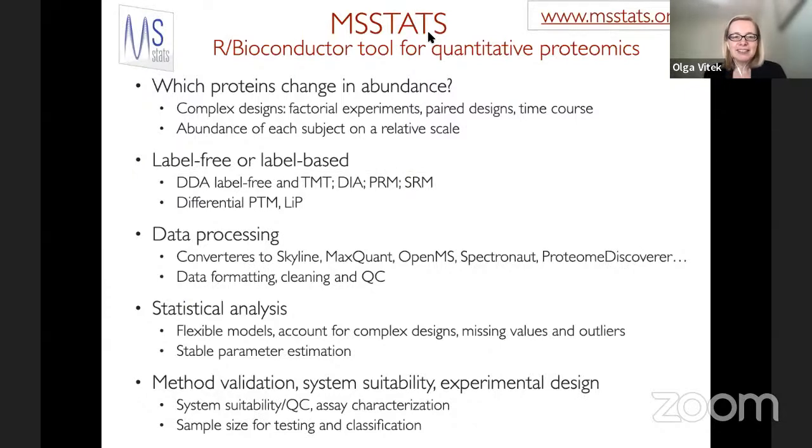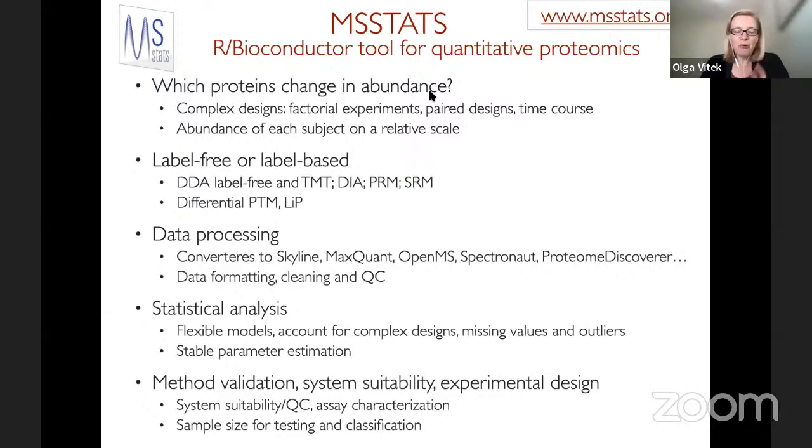MSstats used to be a package, and now it's a family of packages which are based in R and distributed via Bioconductor. Fundamentally, this is a family of packages which focuses on a series of tools for quantitative proteomics.